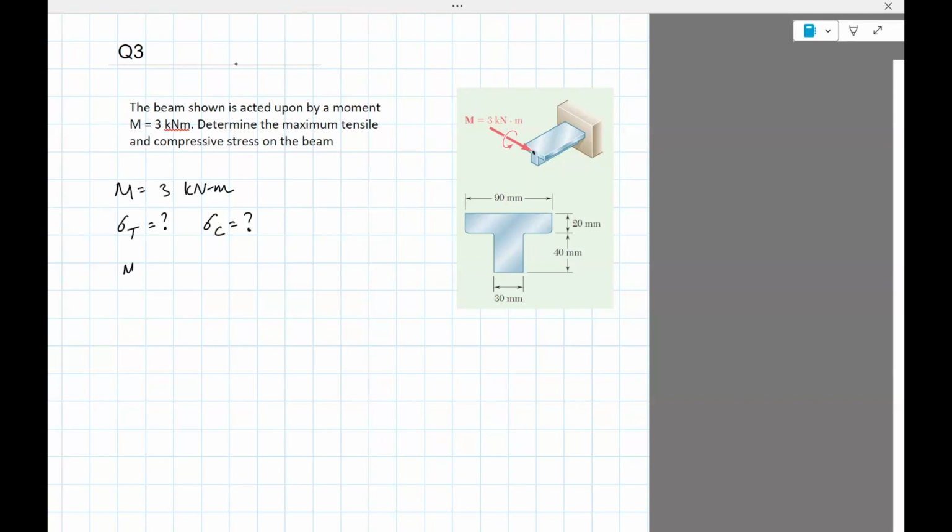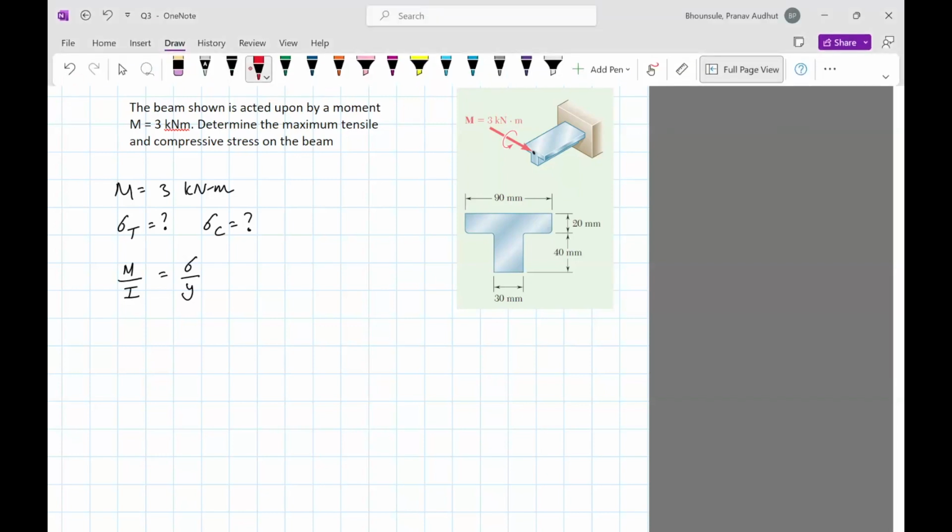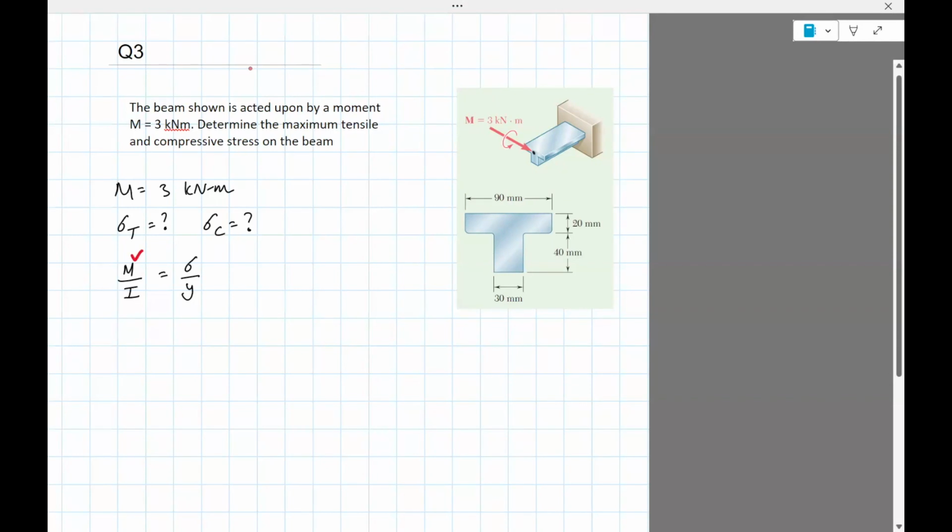We know that M divided by I is sigma divided by y. In this equation, we know M, and we have to compute I, but we can actually compute it because we know the dimensions. Y is something we need to figure out from the neutral axis.